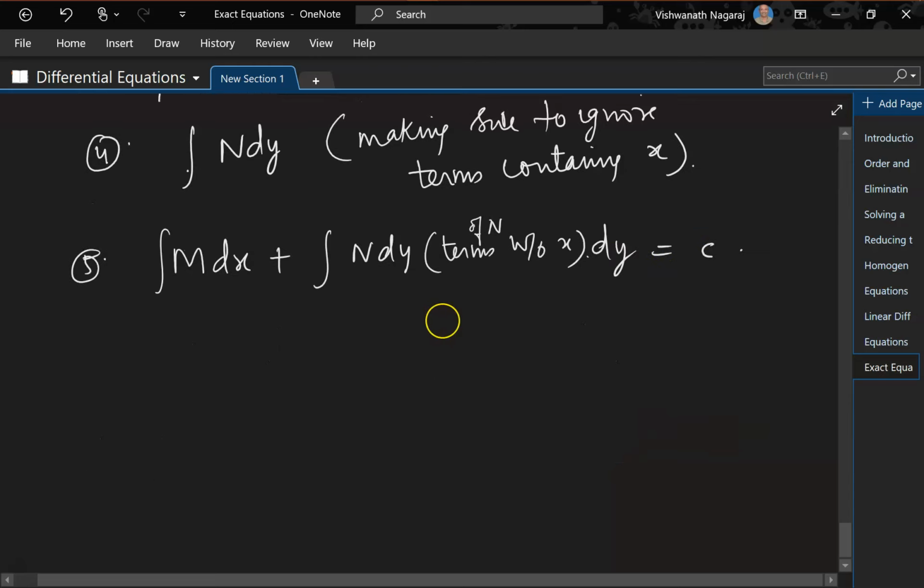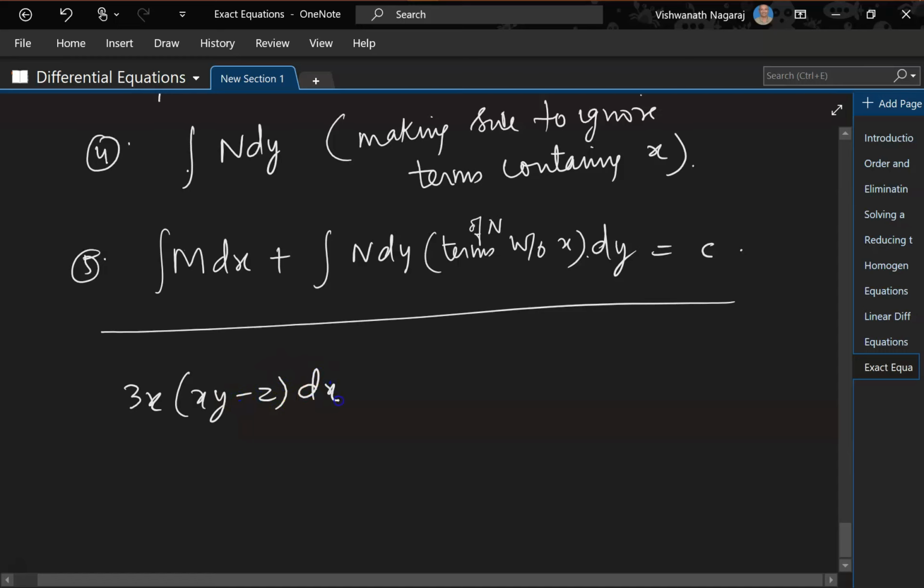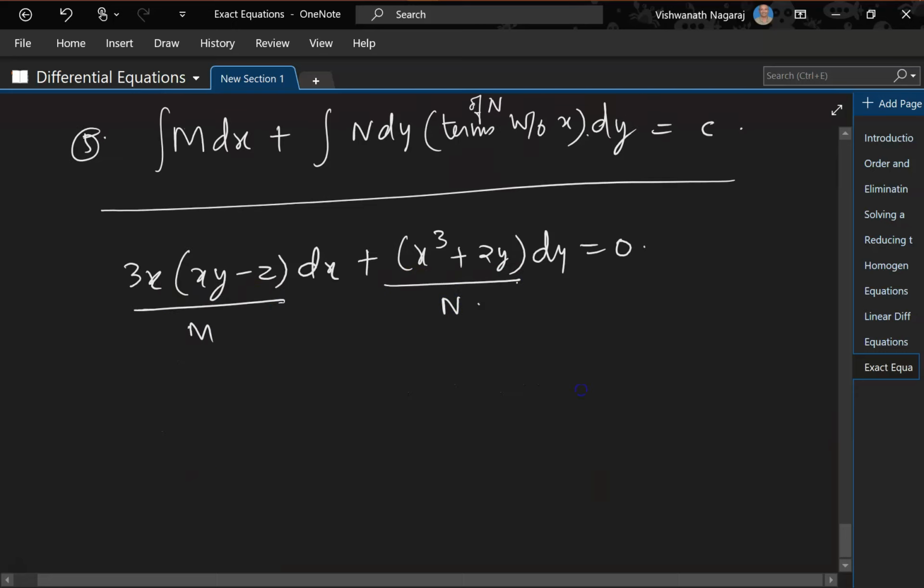So let's look at that initial example itself. 3x(xy minus 2) dx plus (x³ plus 2y) dy equal to 0. So if you observe, this is nothing but M and this can be treated as N. So it is in M dx plus N dy equal to 0 form.